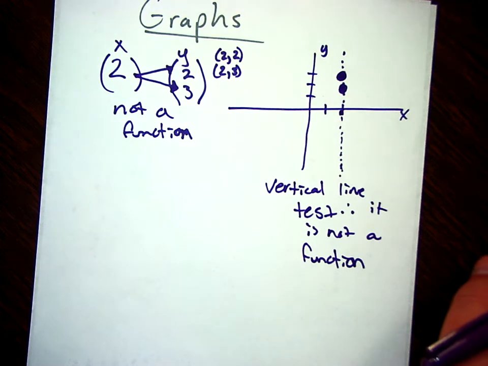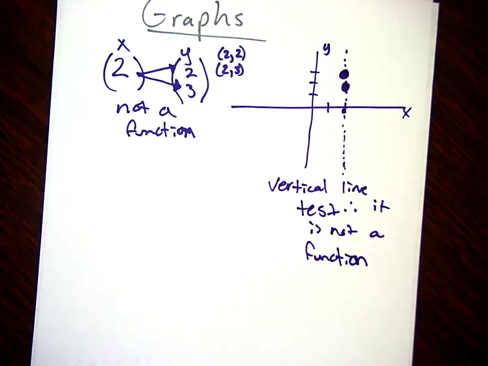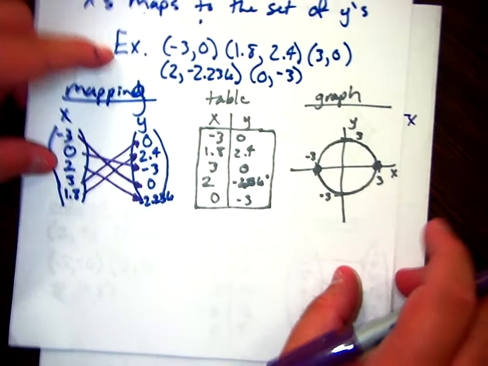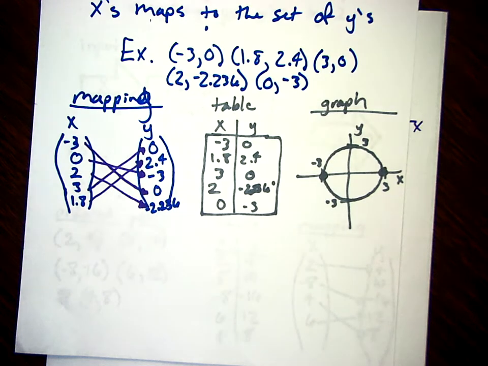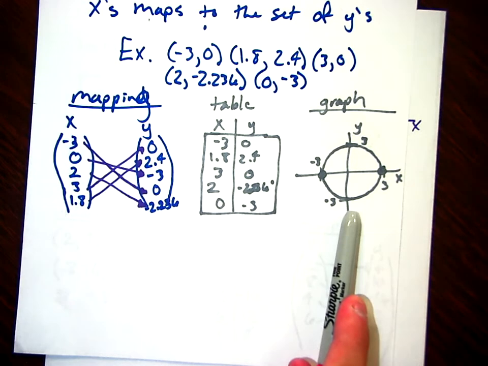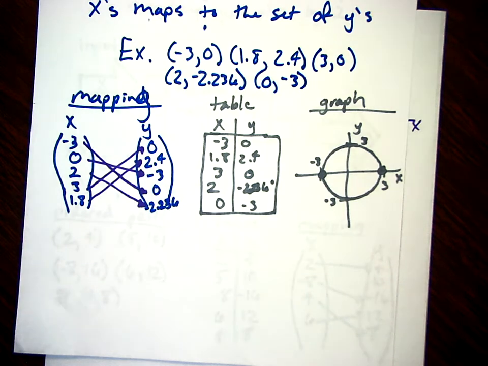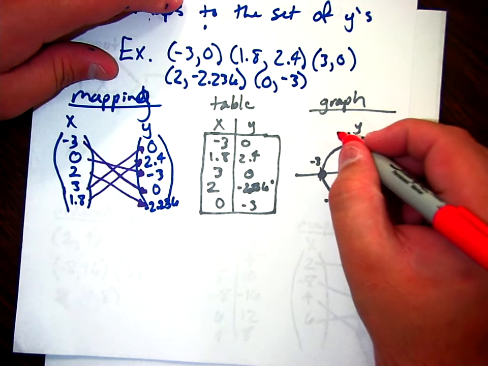Okay. So if we go back to this original graph I gave you under relation, and we look at this guy, you see the mapping, the table, and then we go over to the relation, and you draw a vertical line here, anywhere on the graph.